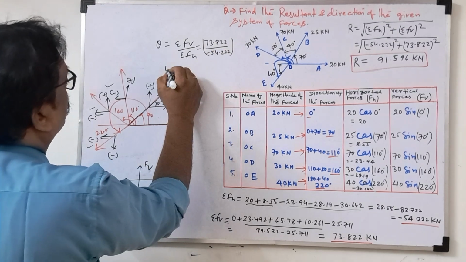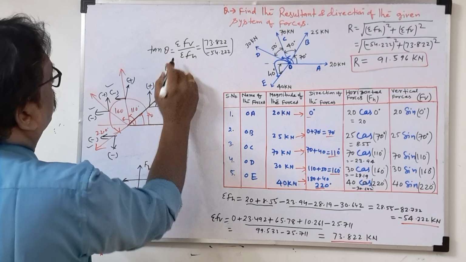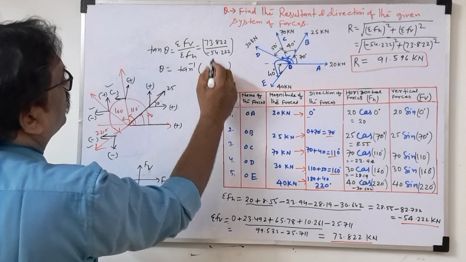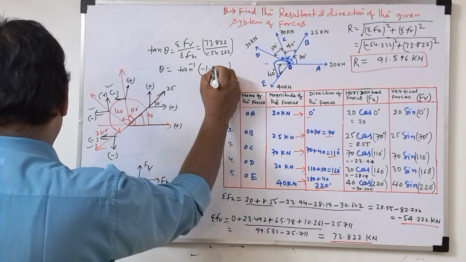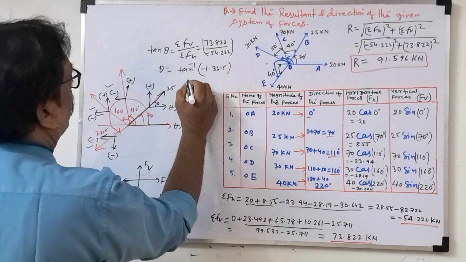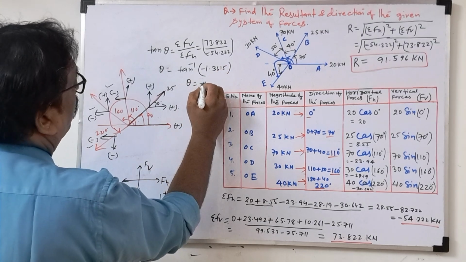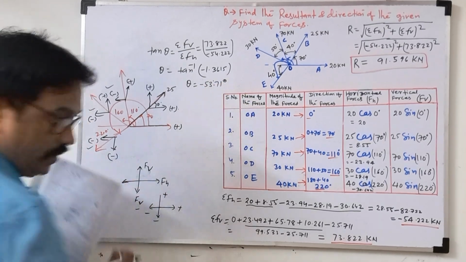So tan theta is equal to this, theta is equal to tan inverse of this value, which is minus 1.3615. So theta will come minus 53.71 degree.